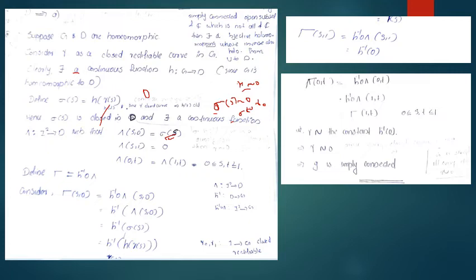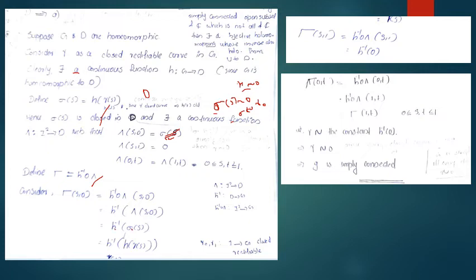Now define another function capital gamma equals H inverse composition gamma. This is small letter gamma. Now we are proving that this also satisfies the homotopic continuous function. Find capital gamma of S0, which is H inverse composition gamma of S0.